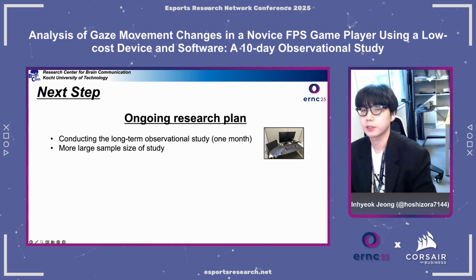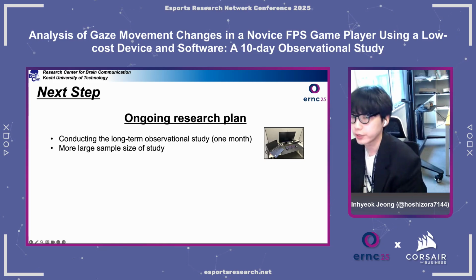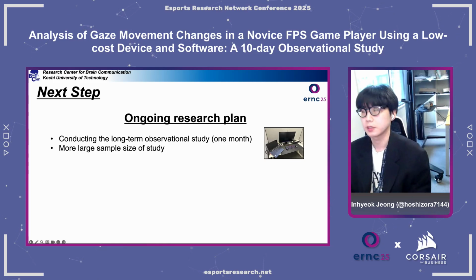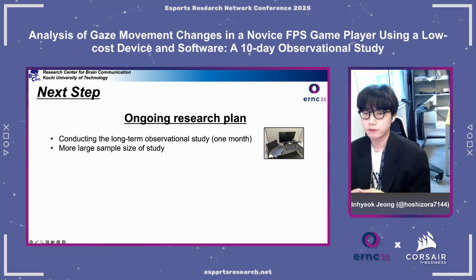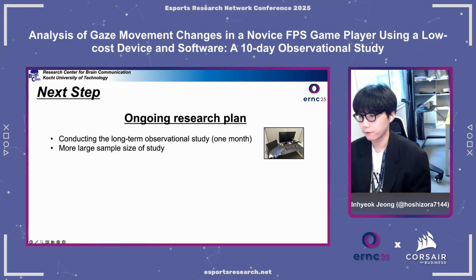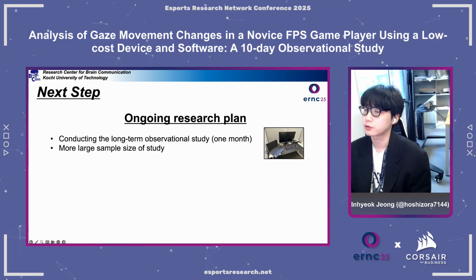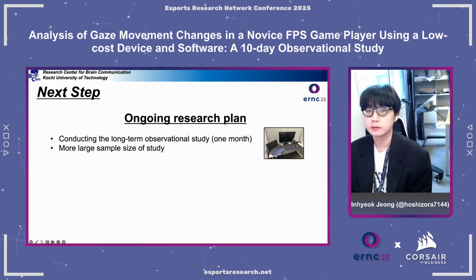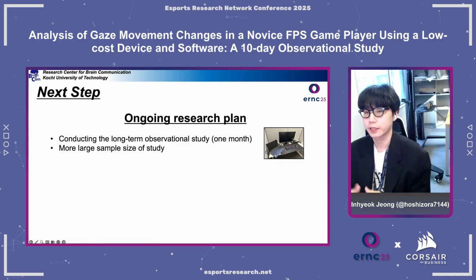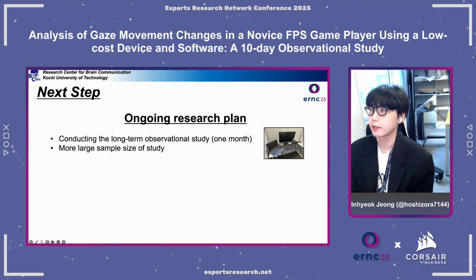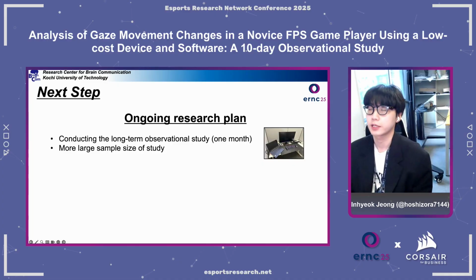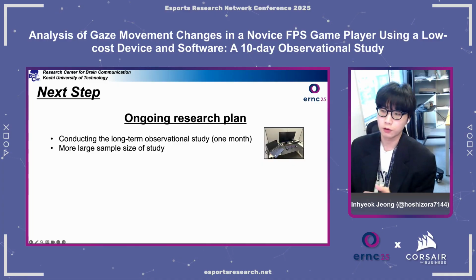In this part I'd like to talk about the next step, what I want to do, because the study only contained one participant. In my ongoing research plan, I am conducting a more long-term observational study, like 1 month or 2 months, and I need to collect more participants to analyze the data. So now I am collecting participants and doing more long-term training.